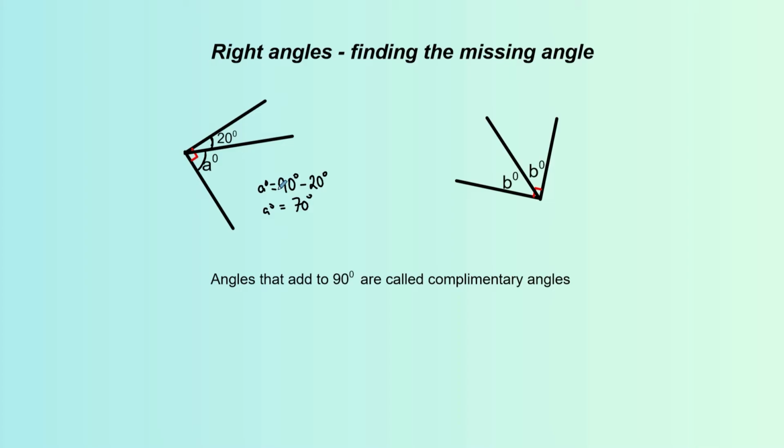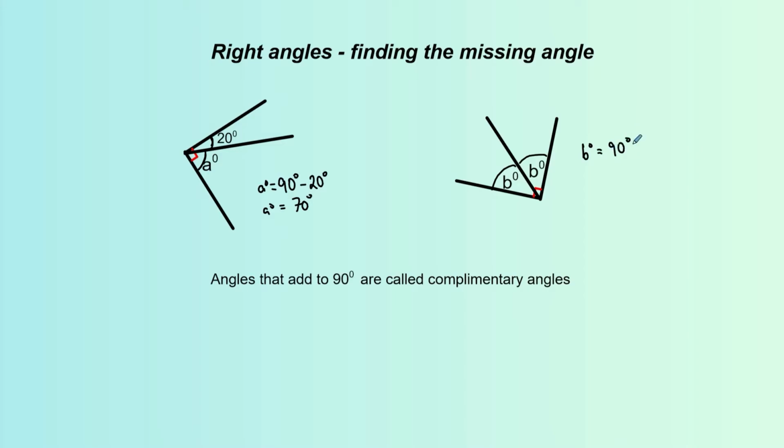This one's a little different. It's still split into two angles, but here, because both of the letters are the same, that means the angles are the exact same size. If this is angle B and this is angle B, they're identical. That means we're taking 90 degrees for the right angle, and we're going to split it into two.